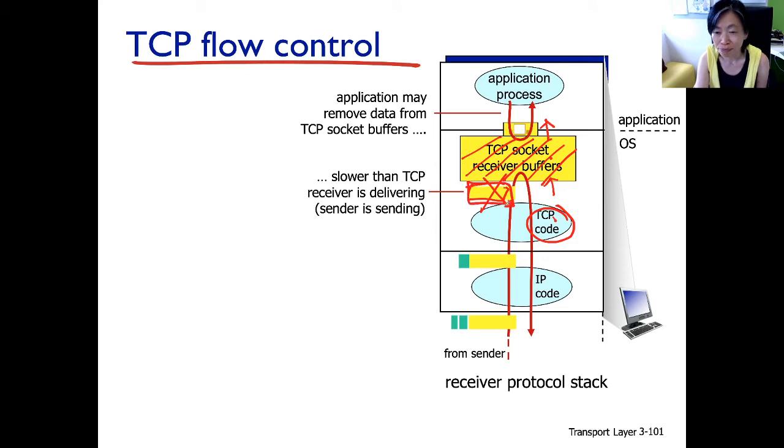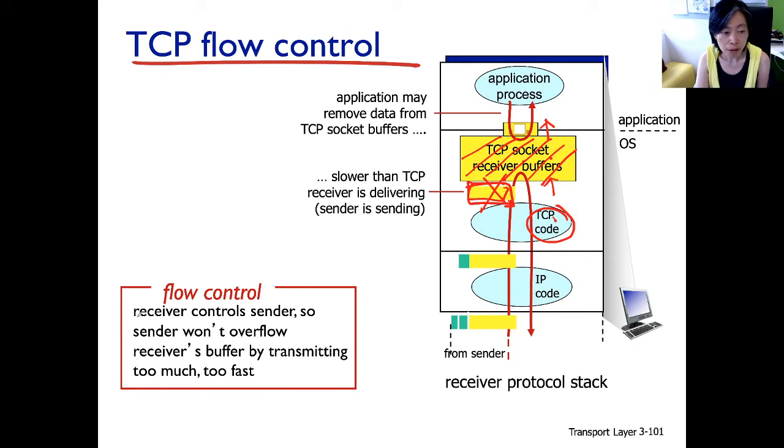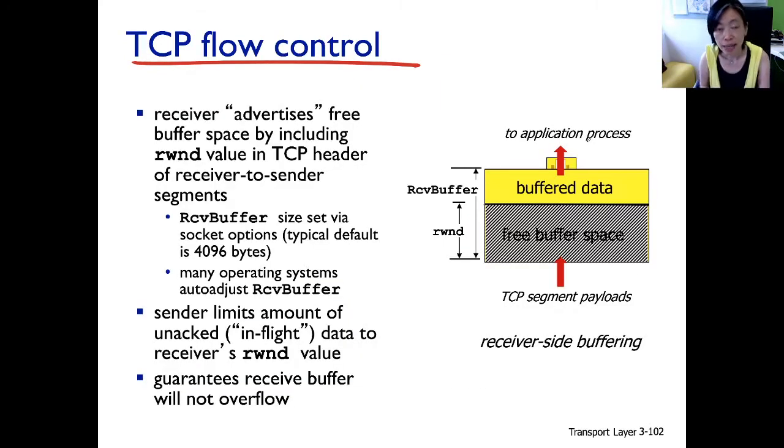Okay. So flow control there is this: for the receiver to tell the data sender, slow down a little bit so that you will not be overflowing the receiver buffer by transmitting too fast, too much. And the way flow control works is this.